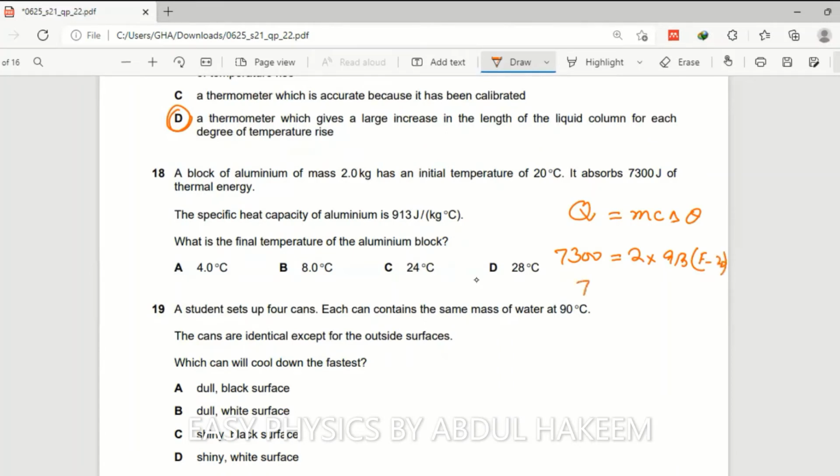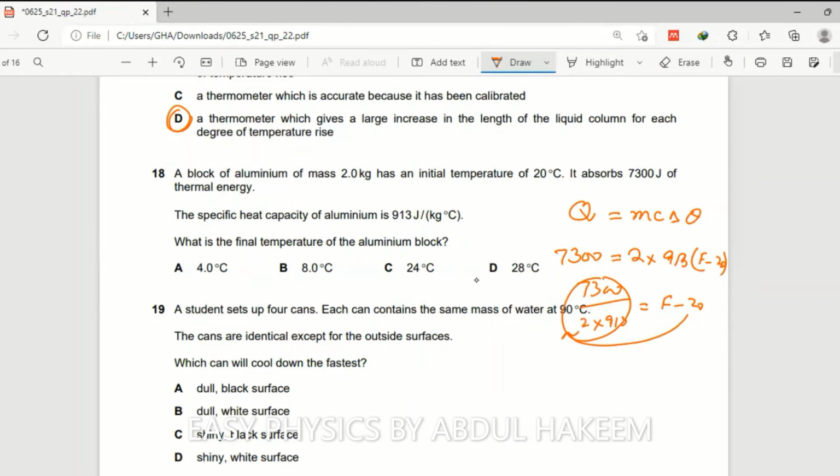So 7300 divided by 2 divided by 913 is equal to final temperature minus 20. After calculation, when this is added to 20, the final temperature will come.